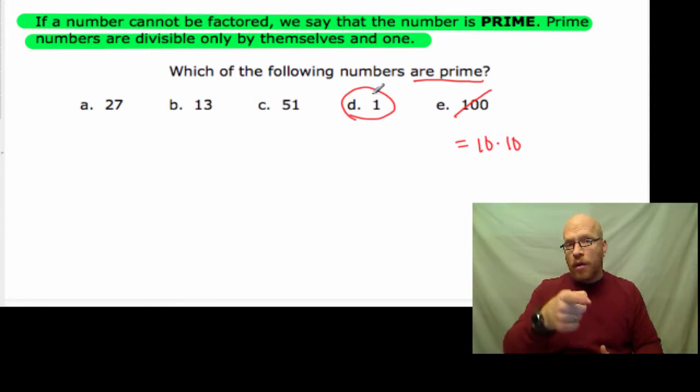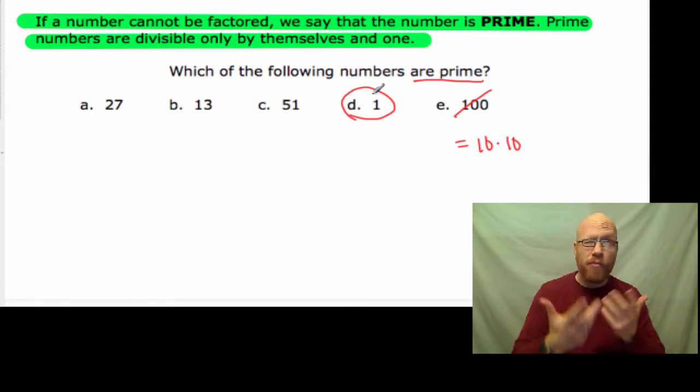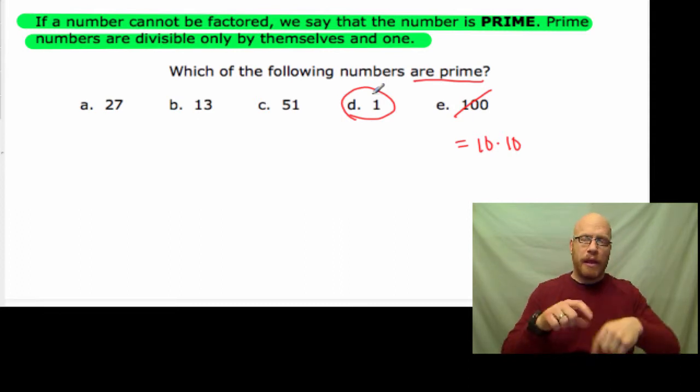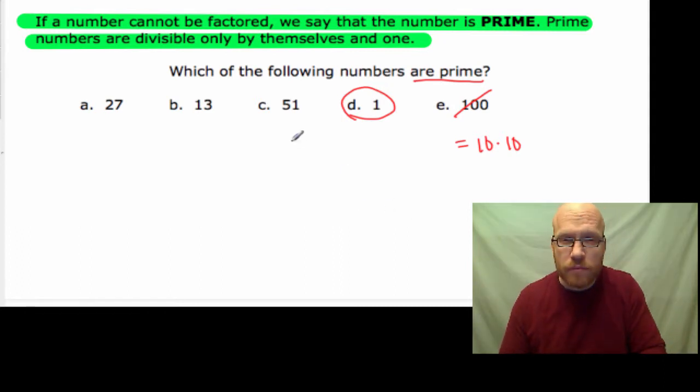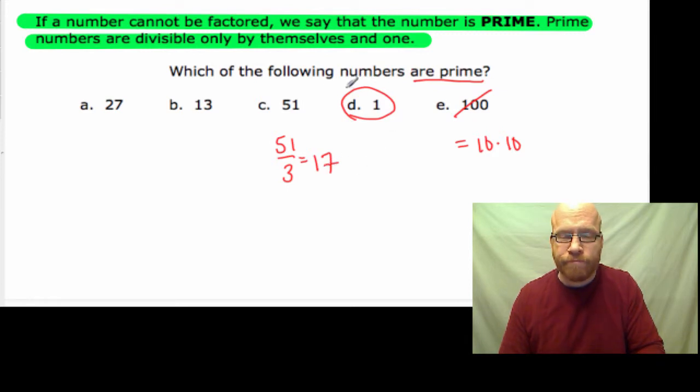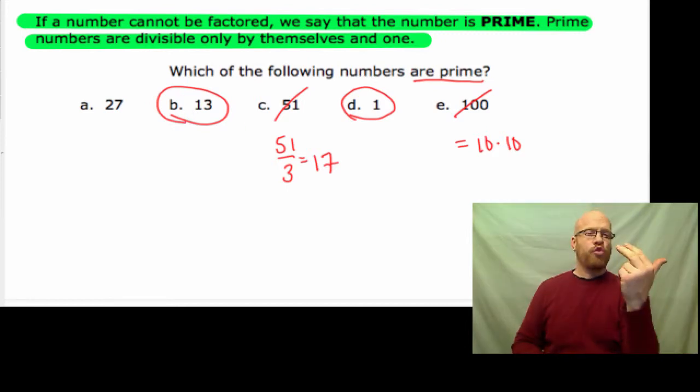51. Let me think. Well, divided by 2? No, I can't do that. Divided by 3? Possibly. Let's look at it. Let's see what happens. Now, 13, definitely. 13 has no other divisors.